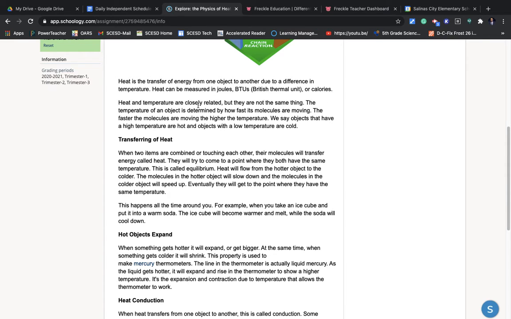Heat and temperature are closely related, but they are not the same. The temperature of an object is determined, okay, by how fast its molecules are moving. The faster the molecules are moving, the higher the temperature. We say objects that have a high temperature are hot, and objects with a low temperature are cold.